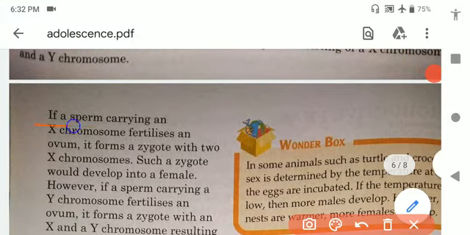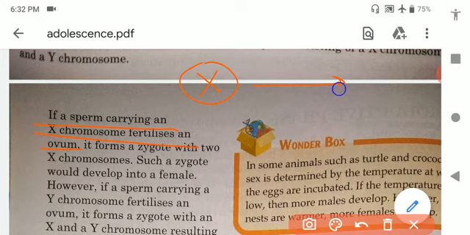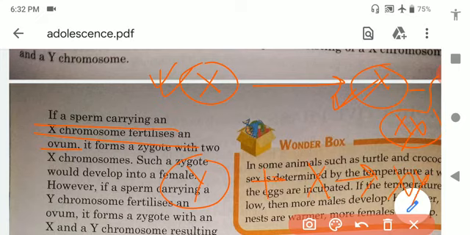So if a sperm carrying X chromosome fertilizes the ovum, it is always XX. So in that case there will be a female. If X containing sperm fuse with the ovum, it becomes double X and the baby will be female. And if Y containing sperm fuse with the ovum, in that case it will be XY and the baby will be male.